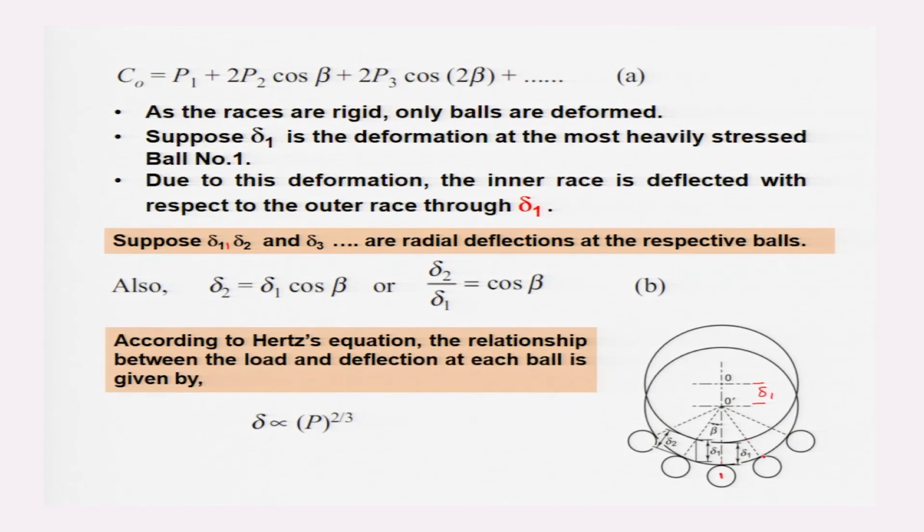So, delta 2 will be given by delta 1 cos beta, and so delta 2 divided by delta 1 will be cos beta. Now, according to the Hertz equation, that means Hertzian contact stress, the relationship between load and deflection at each ball is given by delta is proportional to the load which is acting on it to the power 2 by 3.